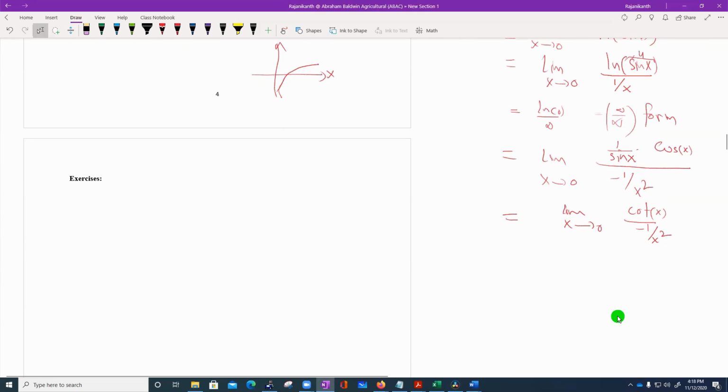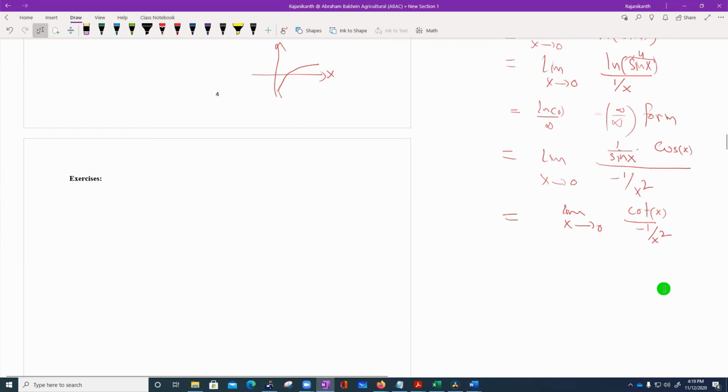Now we will check what you'll get if x goes to 0. There are a couple of problems; you have to do this a certain number of times to get a good number. Whenever you get infinity over infinity, keep finding the derivative one by one. You see, again I'm getting infinity over infinity. That means you have to take one more derivative of cotangent x and negative 1 over x squared.